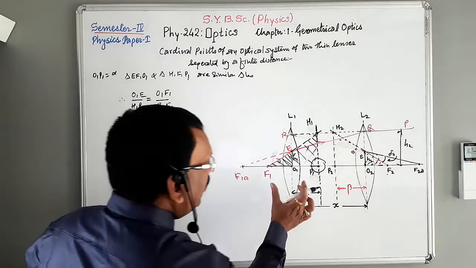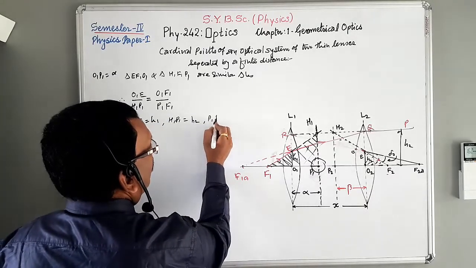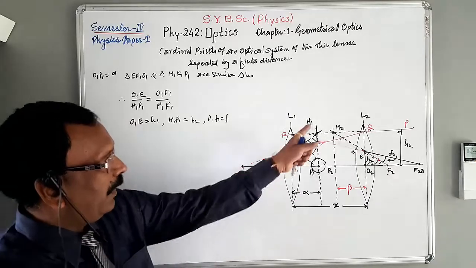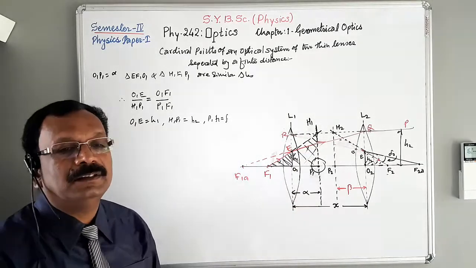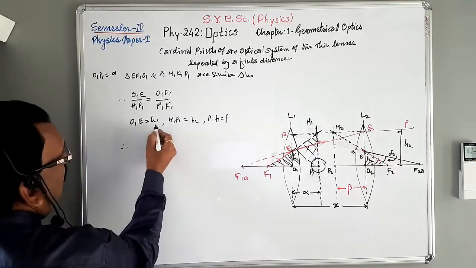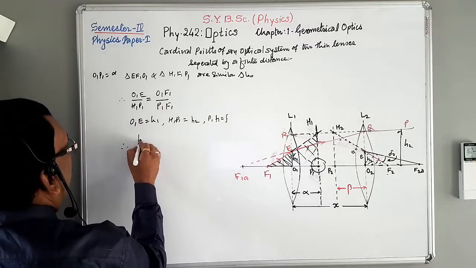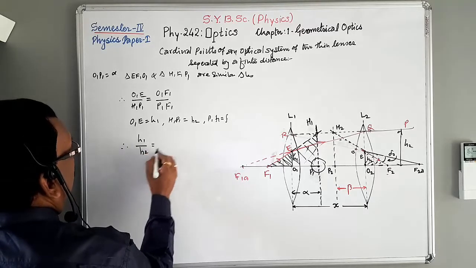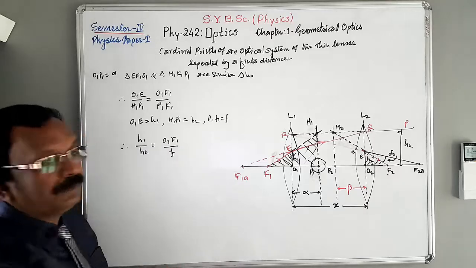Then P1F1 is equal to F. When we place the equivalent lens at this point, its focal length will be this. Therefore, substitute the values of H1, H2, F in this equation. So we will get H1 upon H2 is equal to O1F1 upon F.